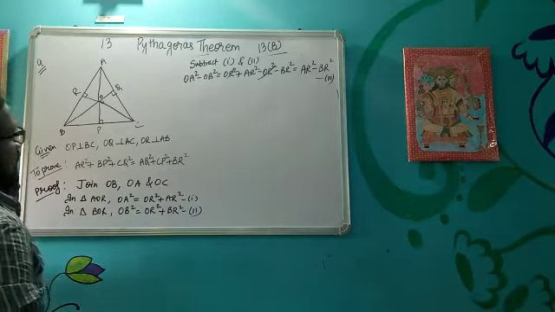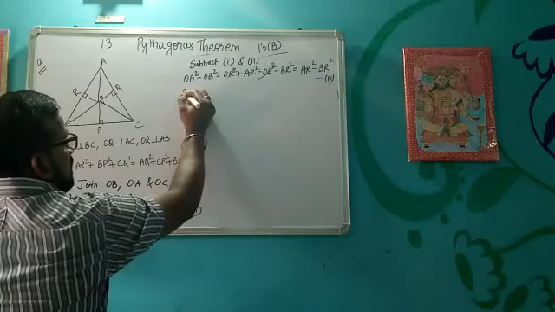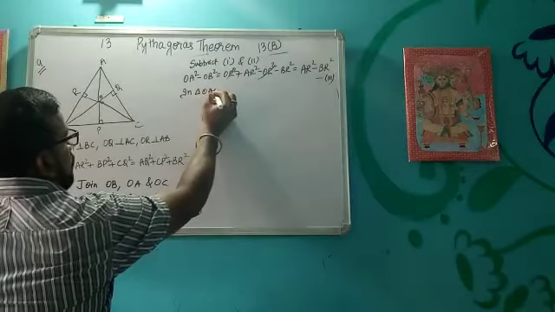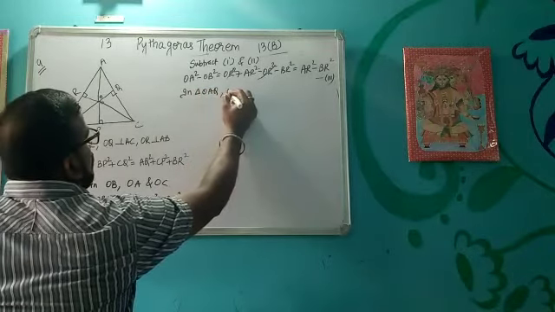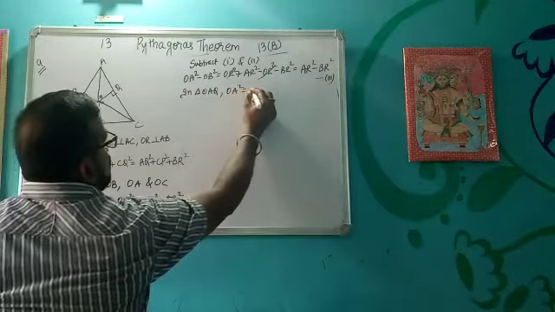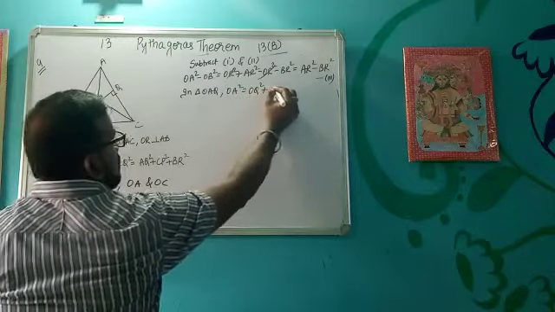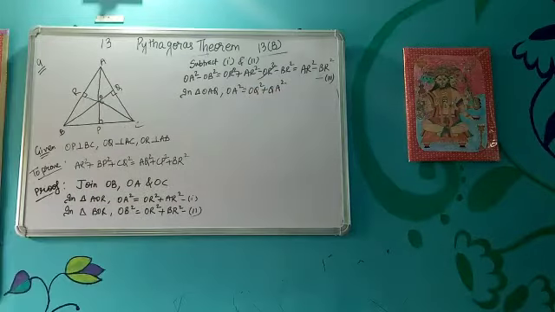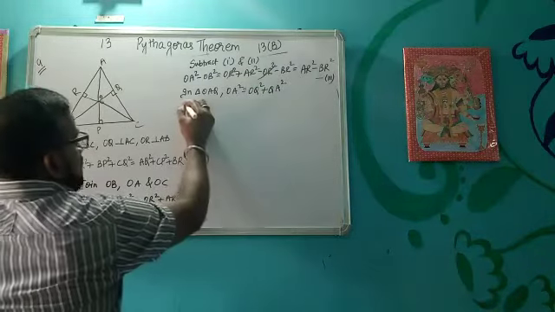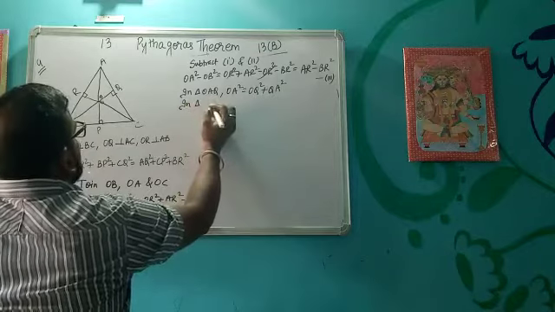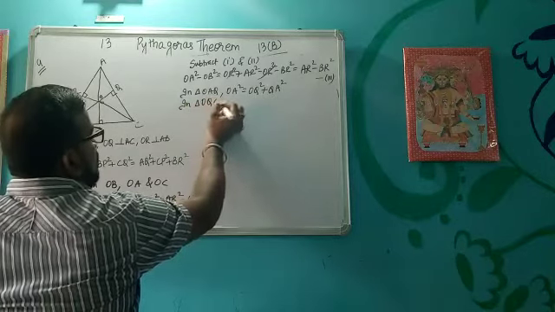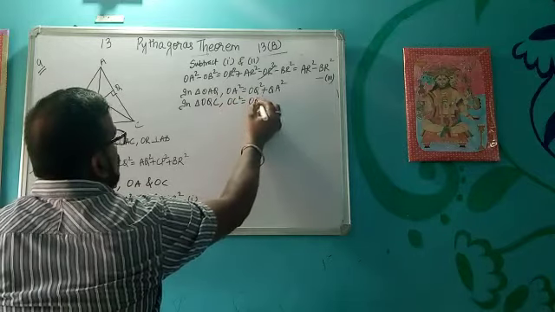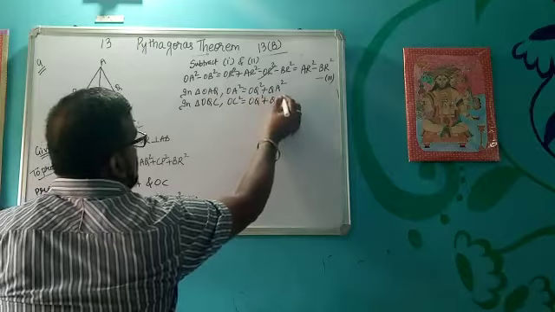Then we will take in triangle OAQ, OA square is equal to OQ square plus QA square, and in triangle OQC, OC square is equal to OQ square plus QC square.